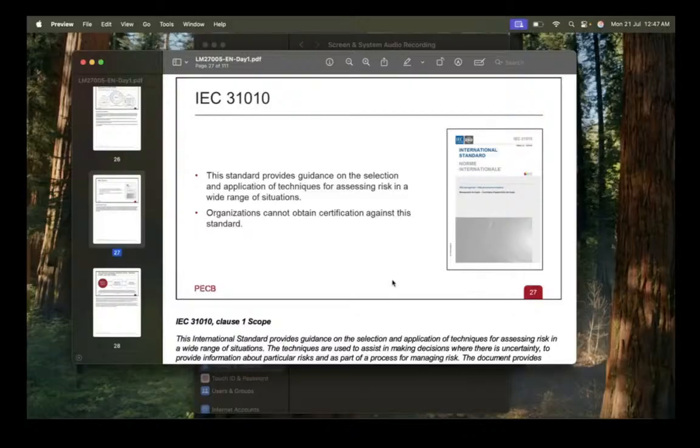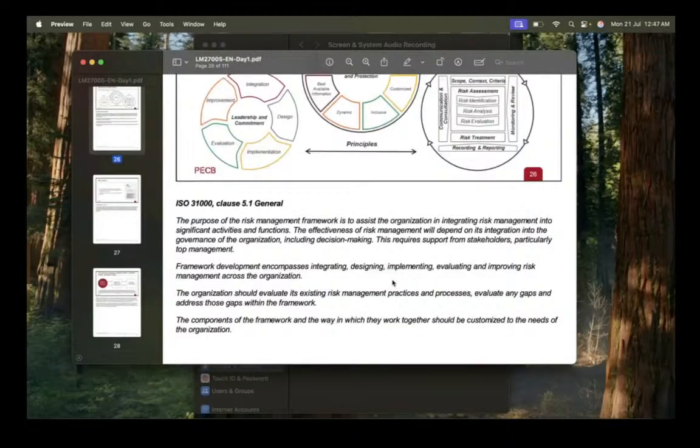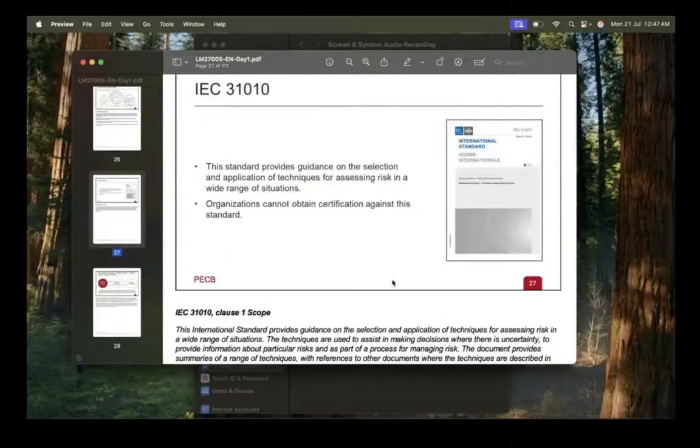Then 27005, then 31000, and now 31010. Just to have a quick recap, can you help me with these four standards: where can organizations obtain certification and where can they not? Just to make this a little interactive session, I would like your input.